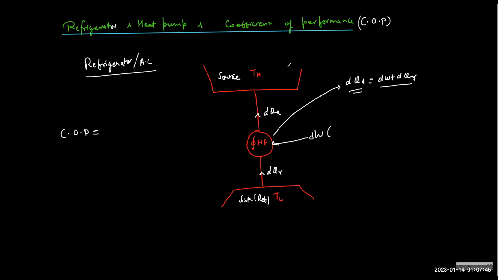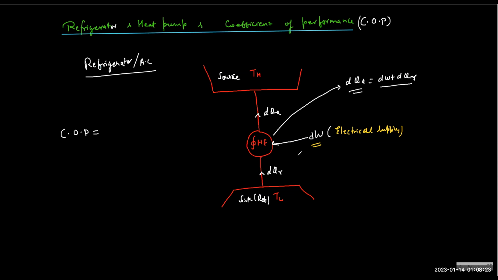This is generally from the electrical supply. So to make this possible, you do some work, right? So a good performing refrigerator will require less work or more work? Sir, more work. Hmm, you want to pay more bill.